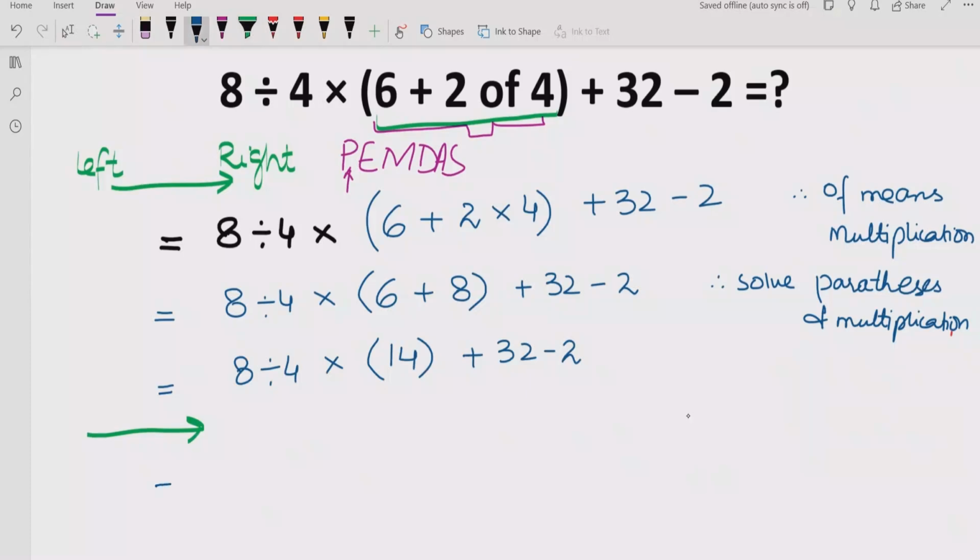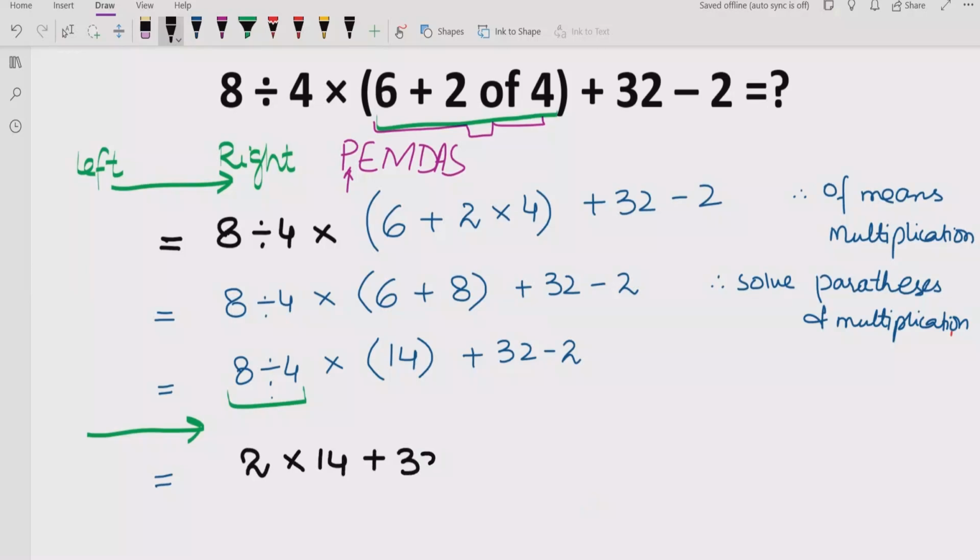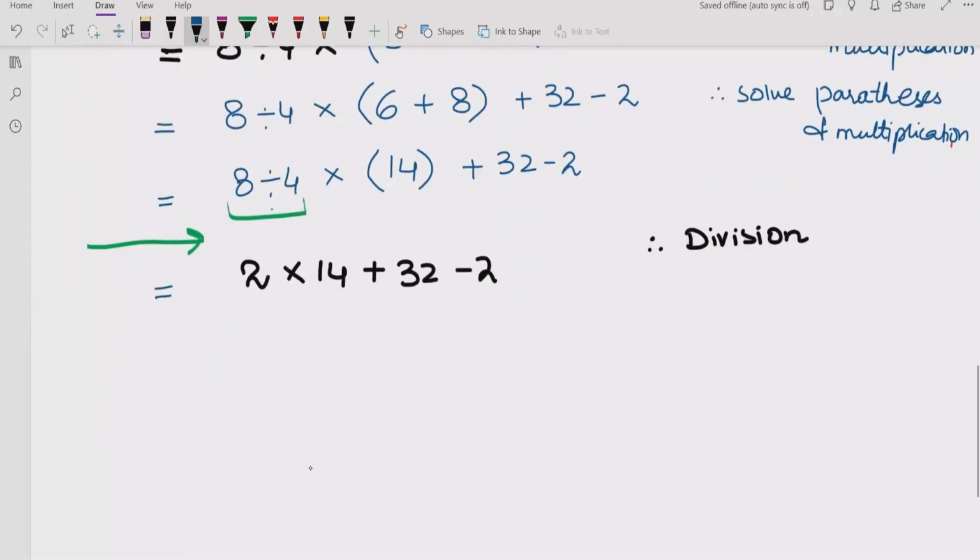So here we have to solve 8 divided by 4, which is 2, and the rest we have as it is, multiplied by 4 plus 32 minus 2. So here we solve the division. Now we will solve the multiplication.